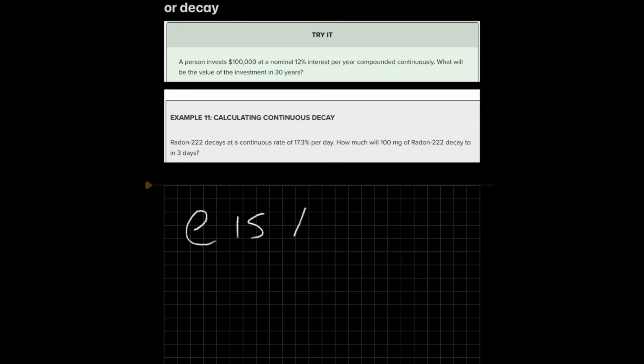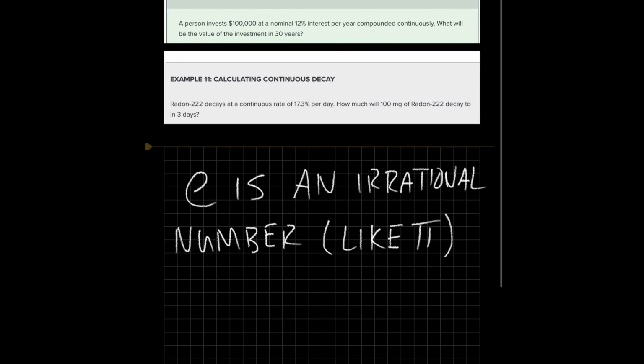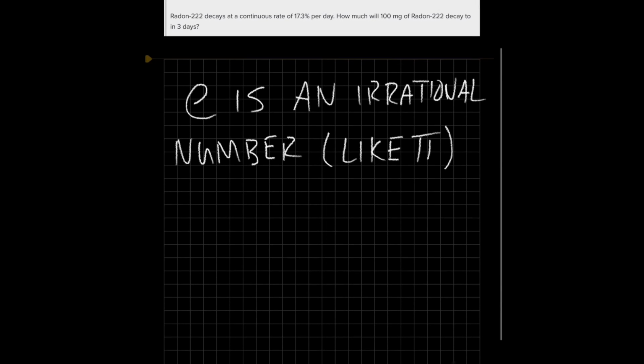So E is an irrational number, like pi. And here's actually how you calculate E. This is kind of interesting to me. It's a pattern that comes up a lot in nature.